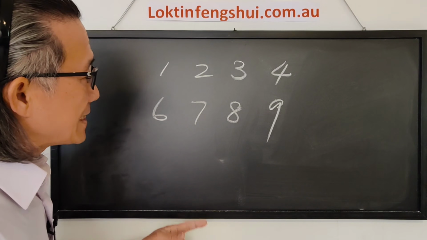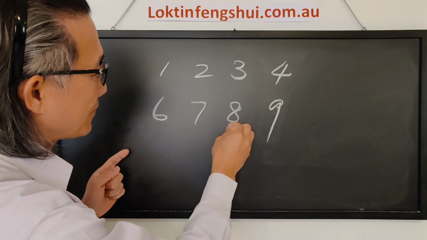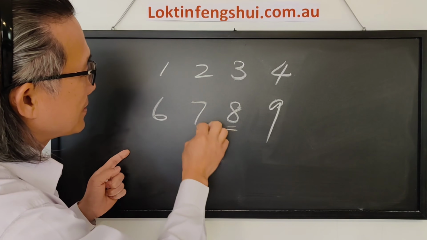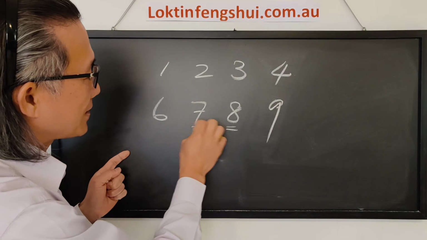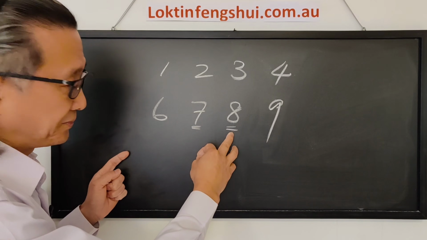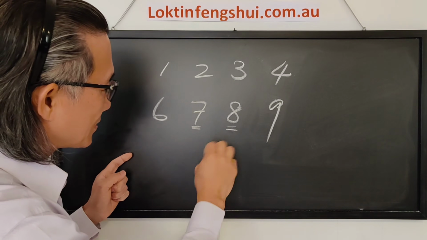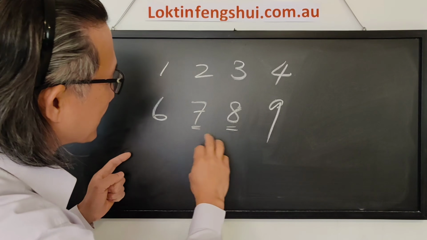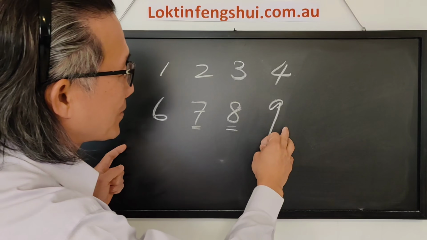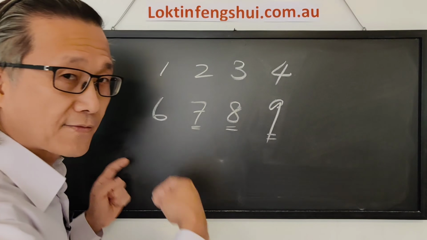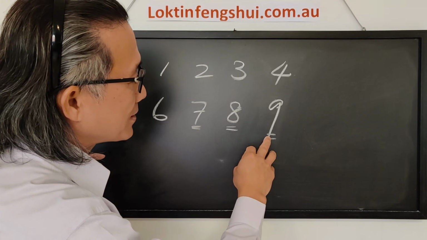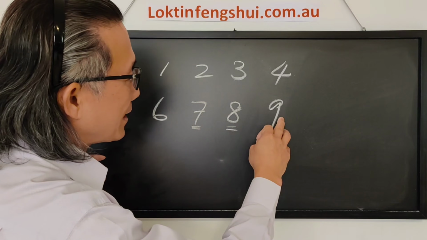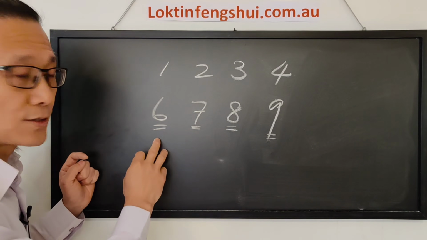So let's say if we are in period 8 here, then the 7 here, that's the Sioux Sun. So the 7 is the Sioux Sun, okay? If let's say we are in period 9, the next period after 2024, then the 6 is the Sioux Sun.